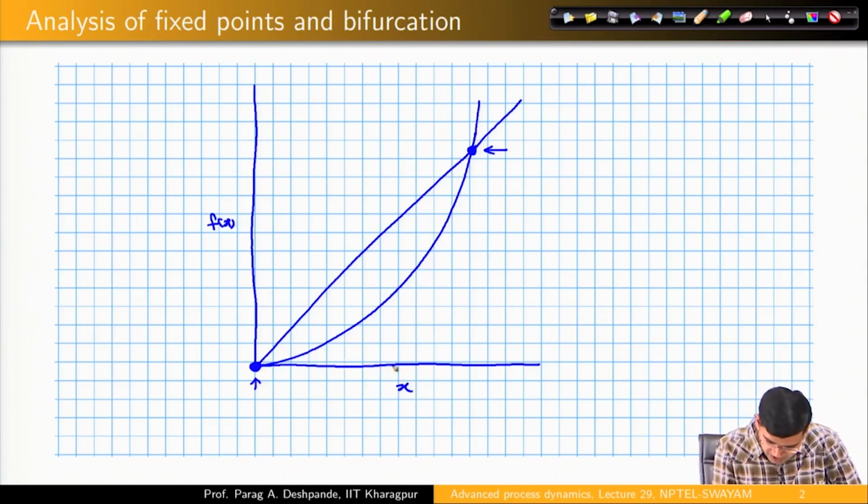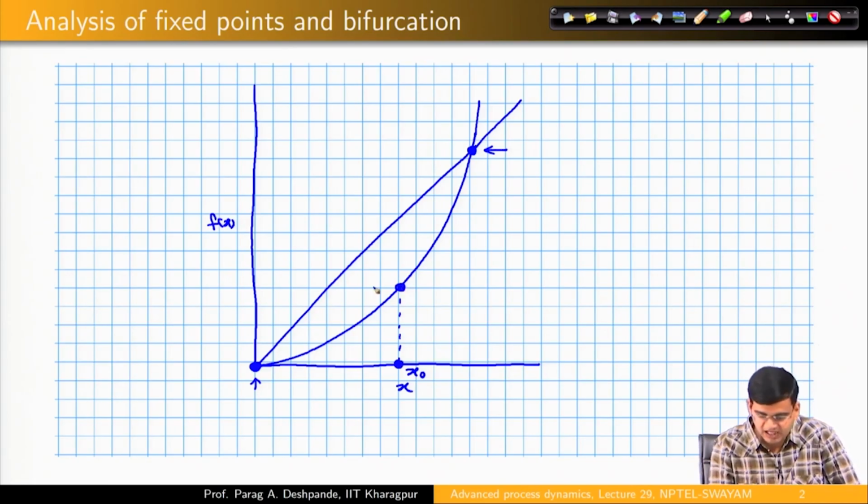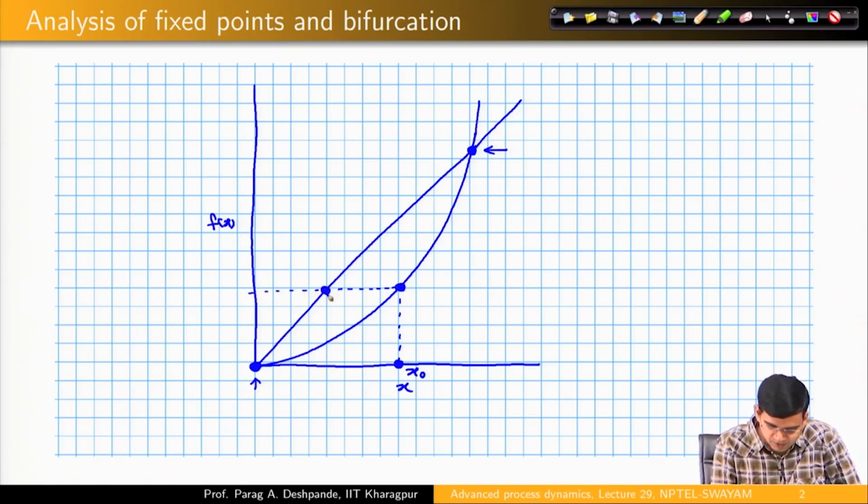I start with an x 0, I will go up on the curve, I will move horizontally, then I will move vertically towards the curve, thereby making triangles, and then you see here that I am moving towards this lower fixed point, which means this is the attracting fixed point.